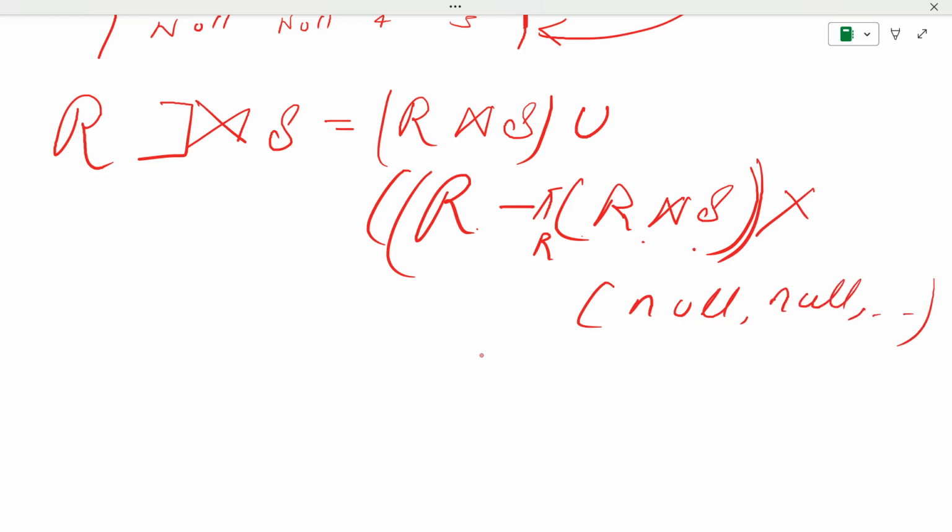Okay, so in a similar way we can write for the right outer join as well.